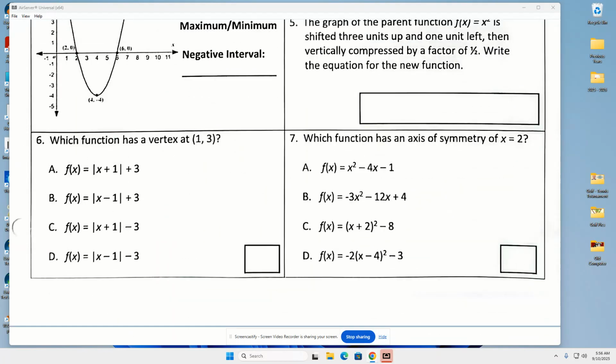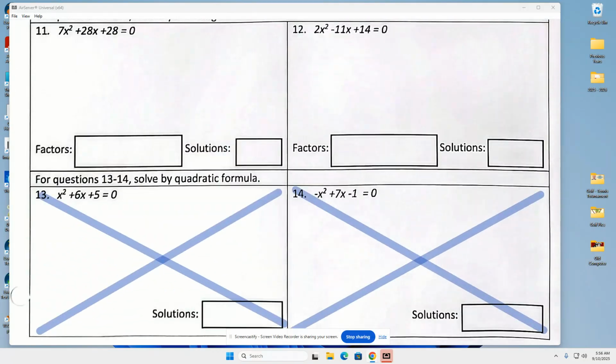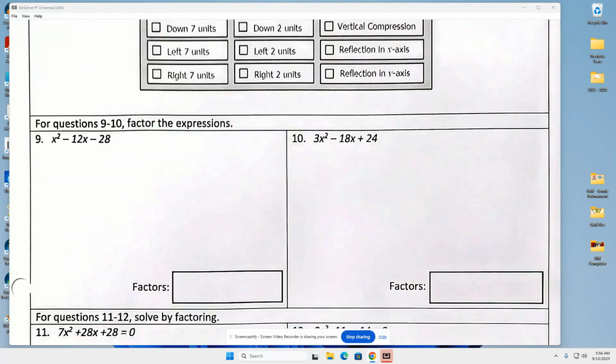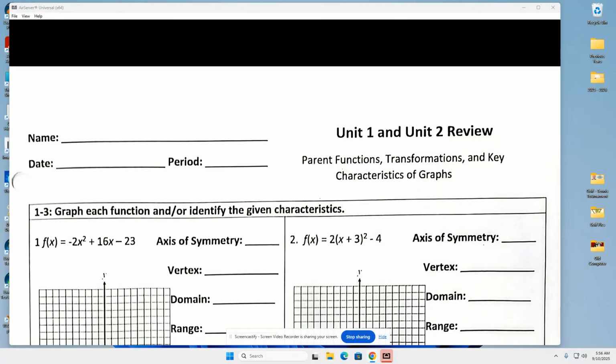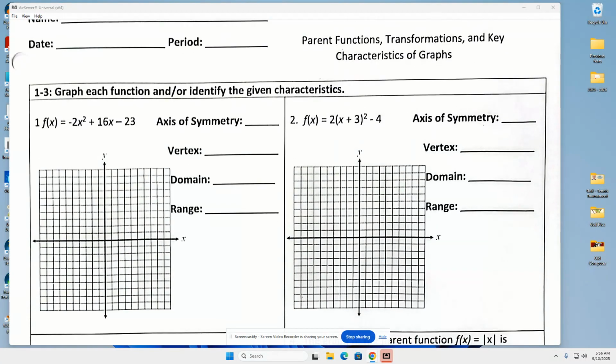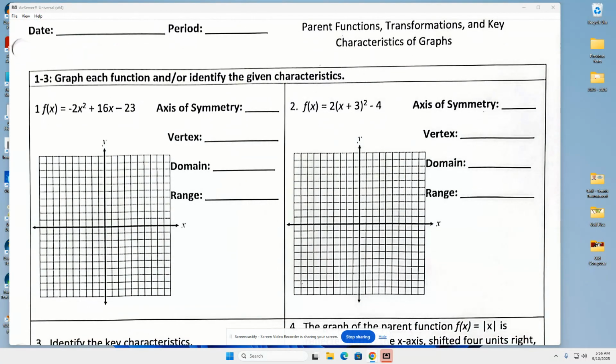Again, I told you already that we're not going to be doing 13 and 14 because we haven't done the quadratic formula, so you can mark those two out. But let's begin. I know that I went through number one with one class yesterday. There are a couple questions where the calculator is going to be handy.